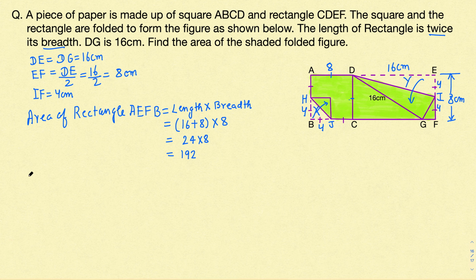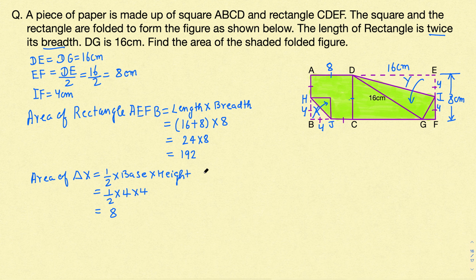So let's quickly find the area of triangle X, which is half times base times height, which gives half times 4 times 4, and that will give us 8.